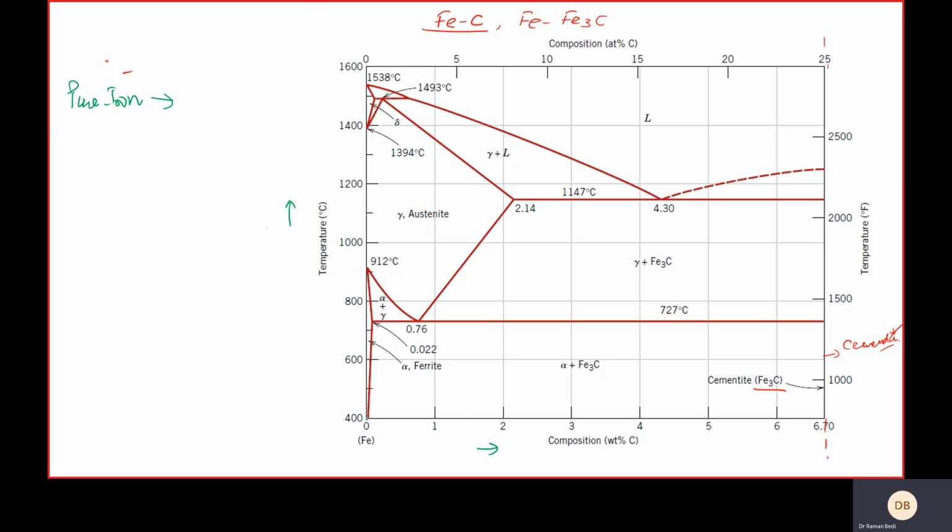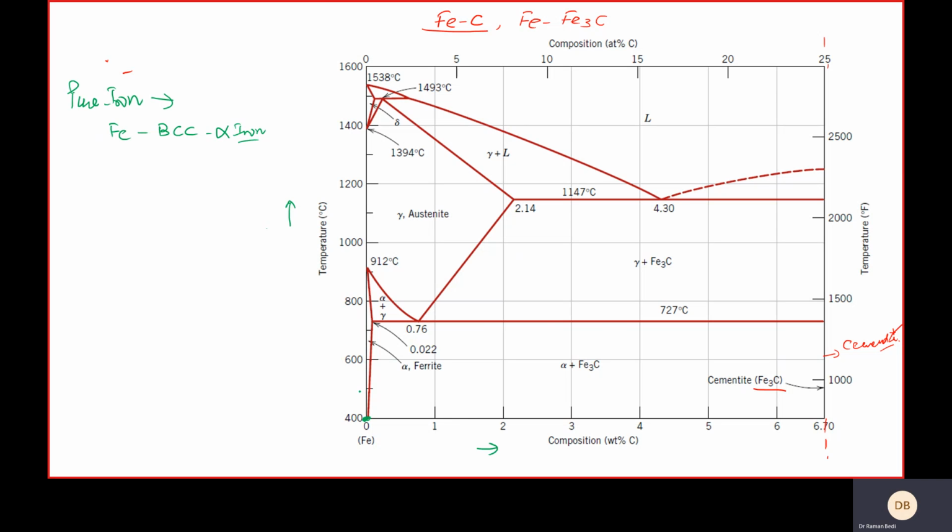When I talk about pure iron here, it means we are at 0% carbon. The phase diagram itself shows you some of these, or all the changes which are happening here. So at room temperature, your pure iron Fe happens to be in a BCC structure, which is also referred to as alpha iron.